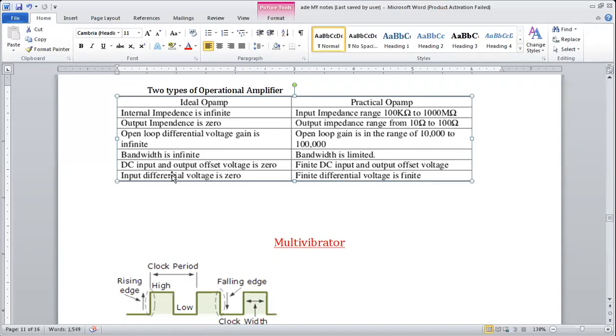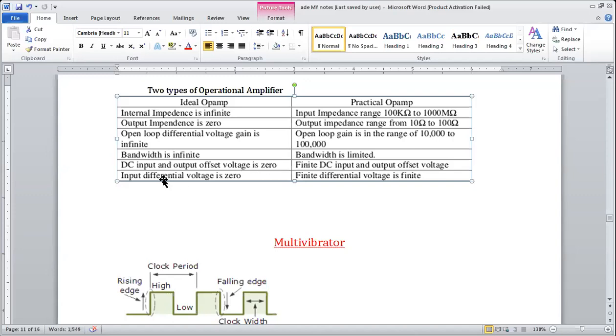Then DC input and output offset voltage is zero. Ideally, we can say that the DC input and output offset voltage is zero, but practically there will be a finite DC input and output offset voltage present. A very small DC input voltage and output offset voltage will be present.